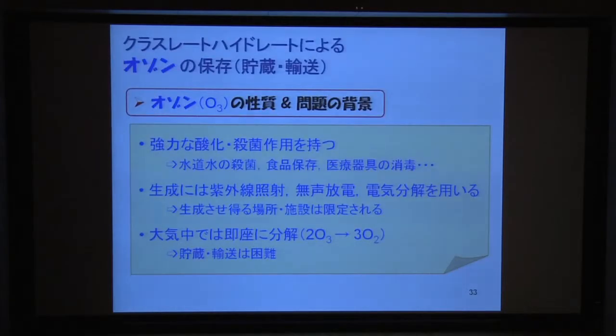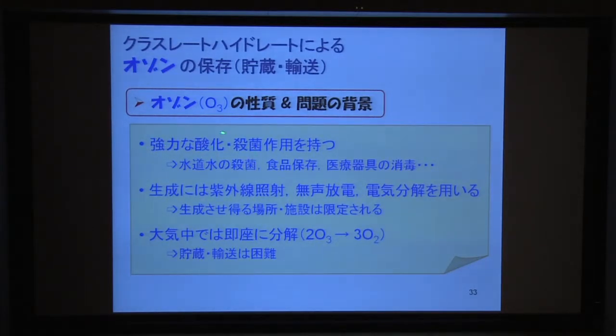And well, lastly, this might be the topic related to Keio University. I have told you that we can store the hydrate of one molecule to each. So utilizing that feature, we would like to have the ozone hydrate to be stored.